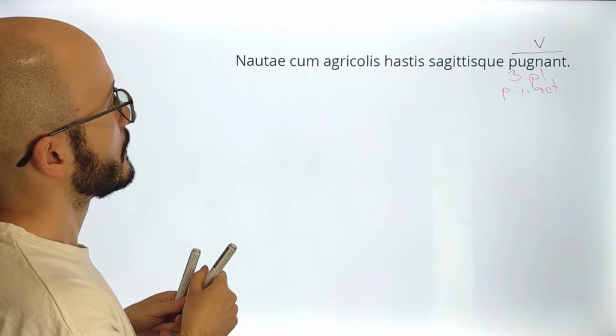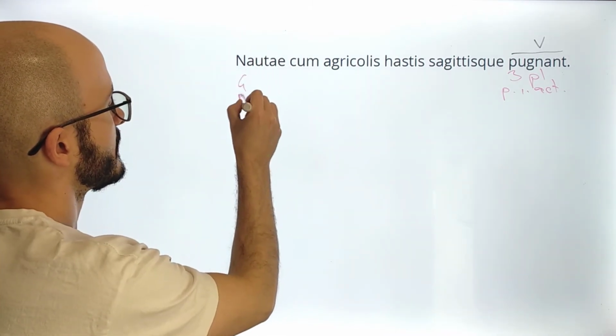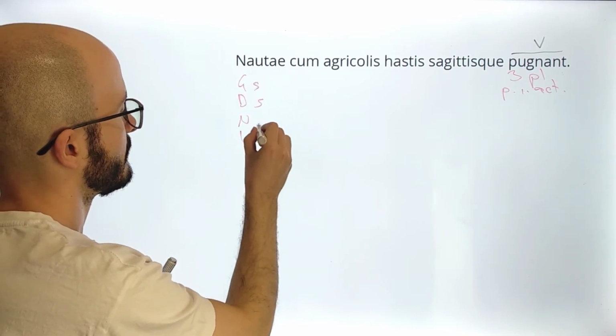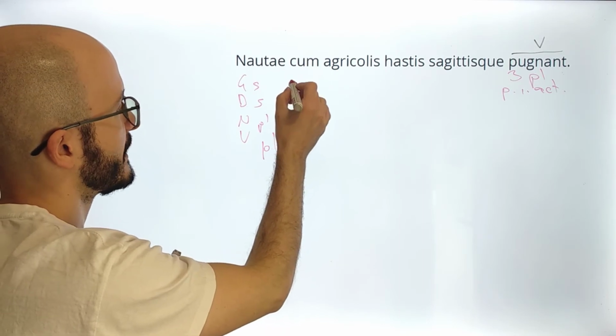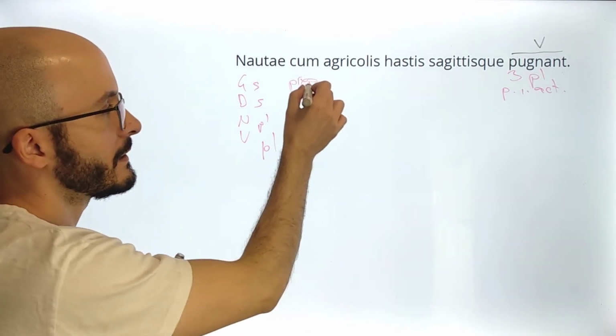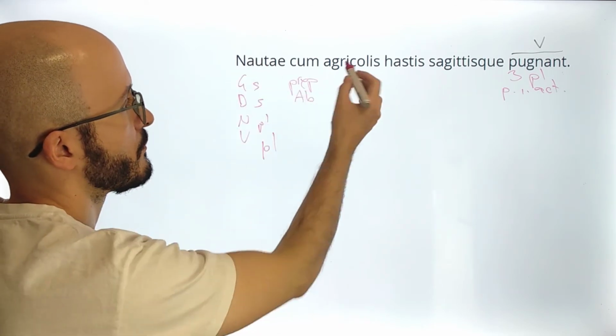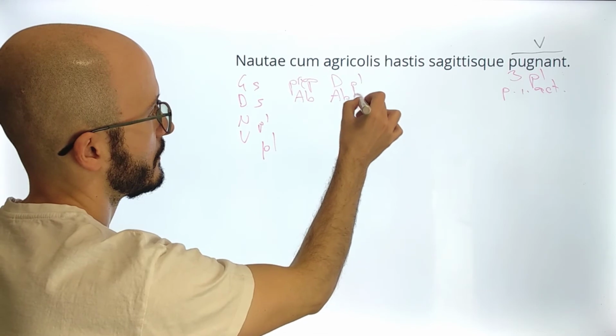So, we start from the beginning, analyzing, and here we have genitive, dative, singular, and nominative, vocative, plural. Cum. I know this sounds funny in English, but what can we do? A preposition which only goes with ablative. Then agricolis, dative, ablative, plural.